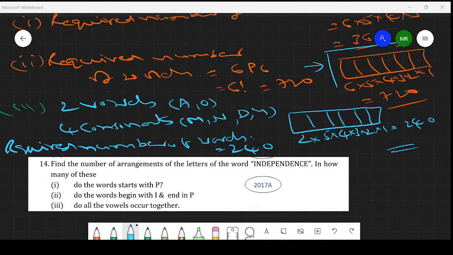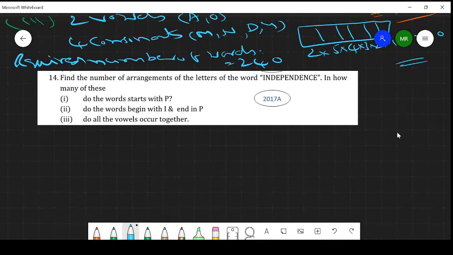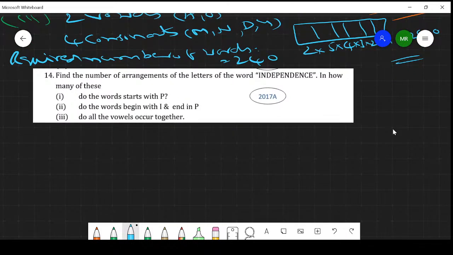Now see the next problem. Find the number of arrangements of the letters of the word independence. In how many of these do the words start with P? Do the words begin with I and end in P? Do all the vowels occur together?